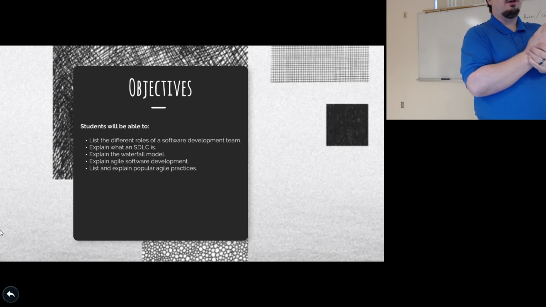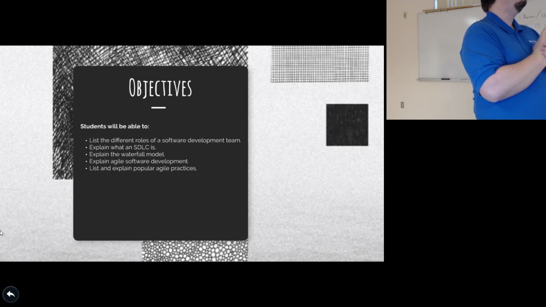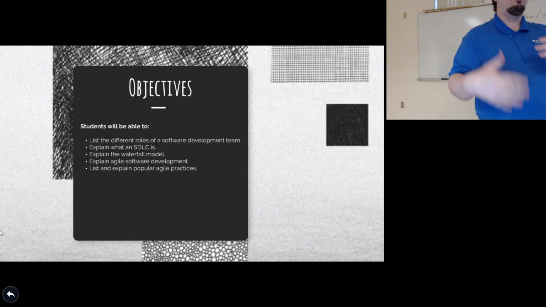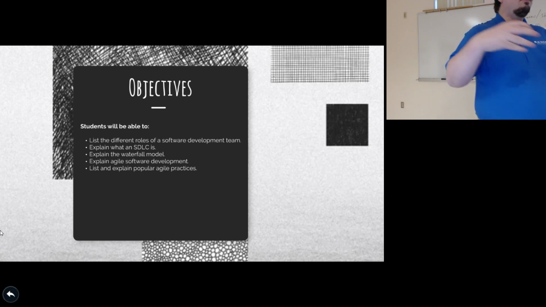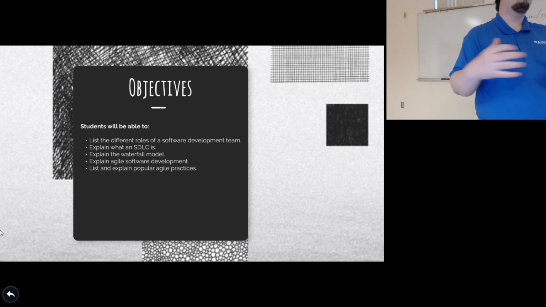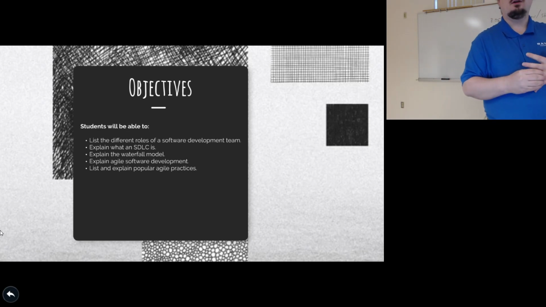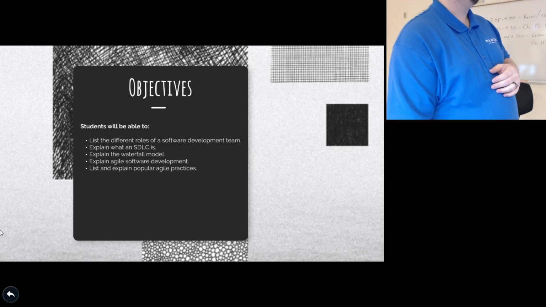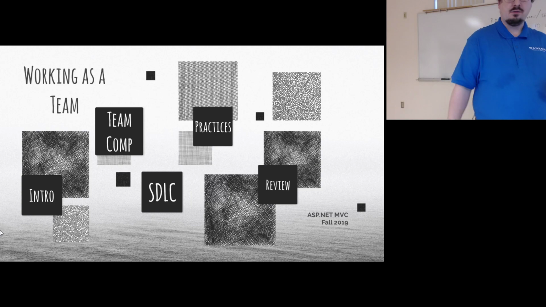And then as we talk about that, we'll talk a little bit about what the Waterfall model is, as well as what Agile development is. Once we've covered that, we'll talk about some of the tools that a lot of companies are using to implement Agile. And some of those tools may be helpful to you even as you're just working by yourself.